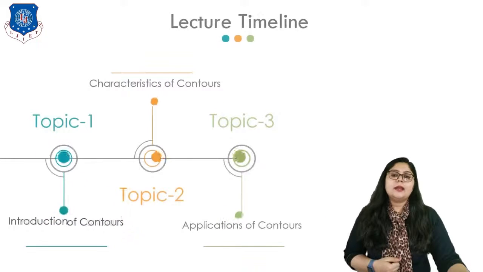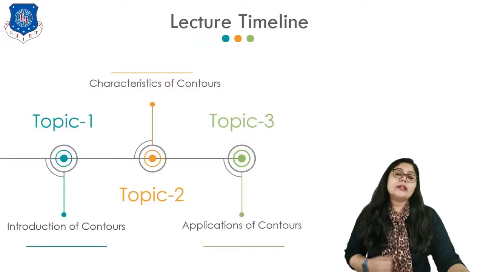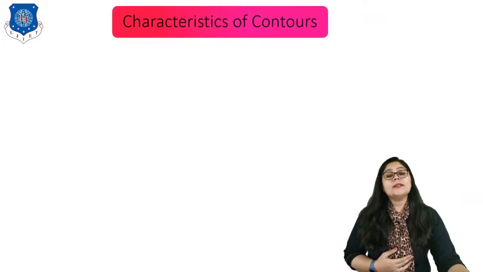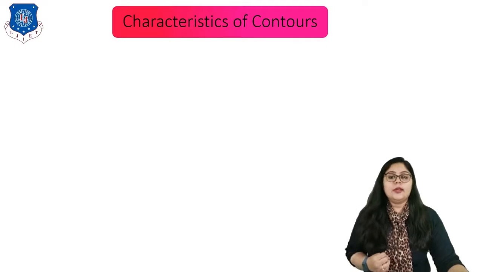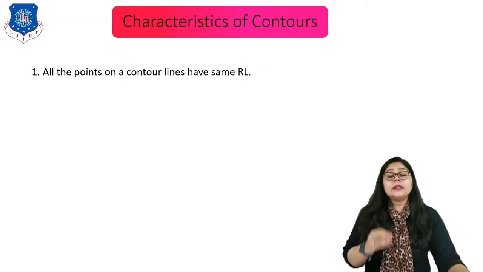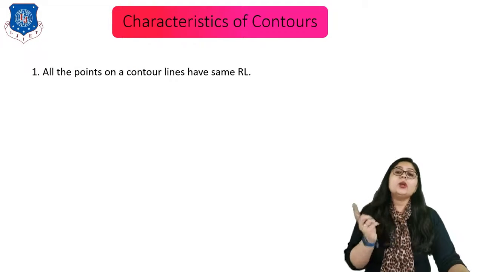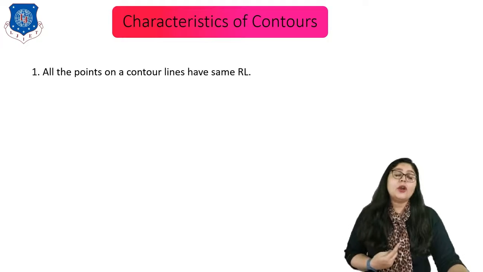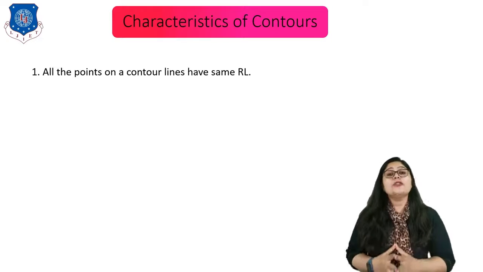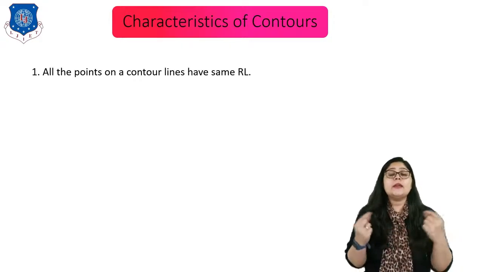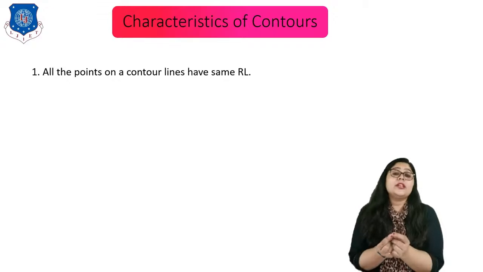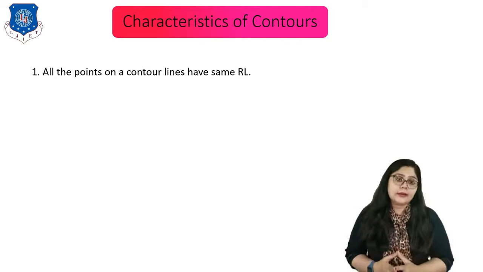Now let us understand the second topic for today's lecture, which is the characteristics of contours. There are various points available, in which the first characteristic says that all the points on the contour lines have the same RL, because the definition of contour says that it is an imaginary line passing through the same elevation or RL.